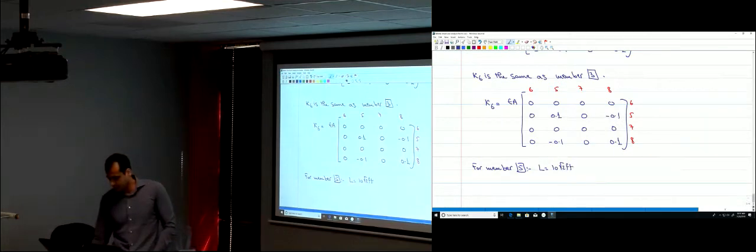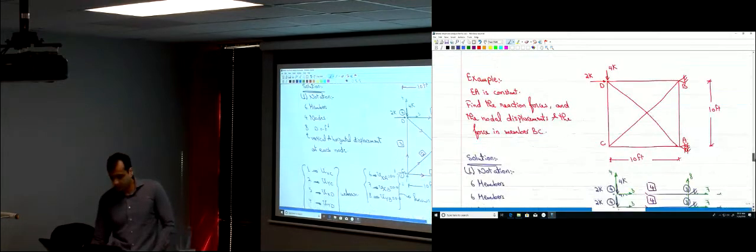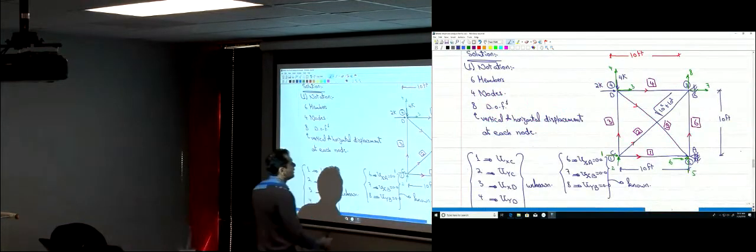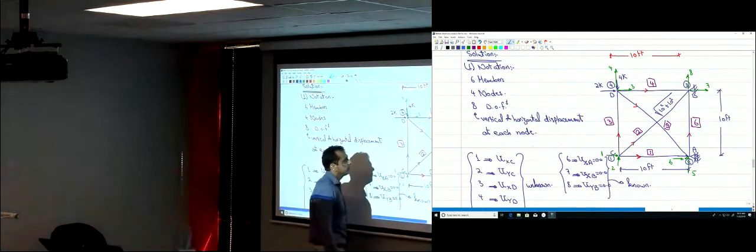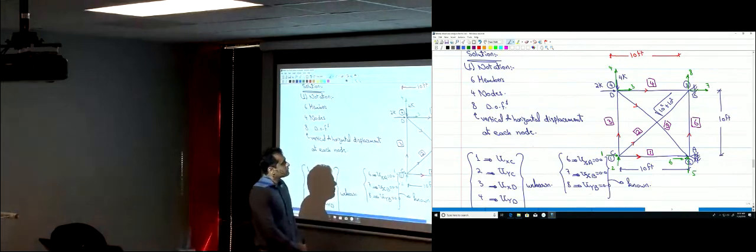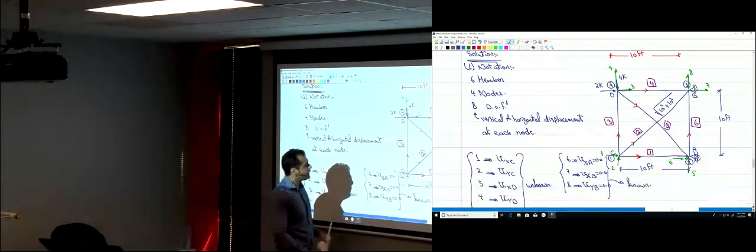How much is the length of member 5? It's 10 square root 2 feet. It's an inclined member. Let's see here, member 5. According to what we assumed, this is the start and that's the end. That's the labeling that we chose. So the length is 10 square root 2. And how much is theta?